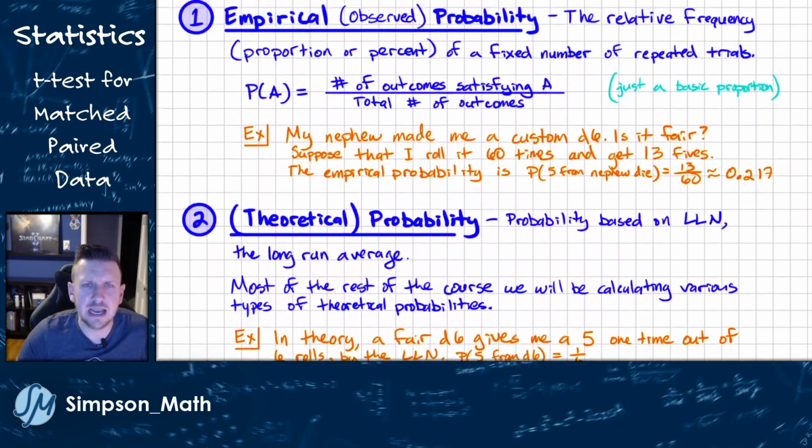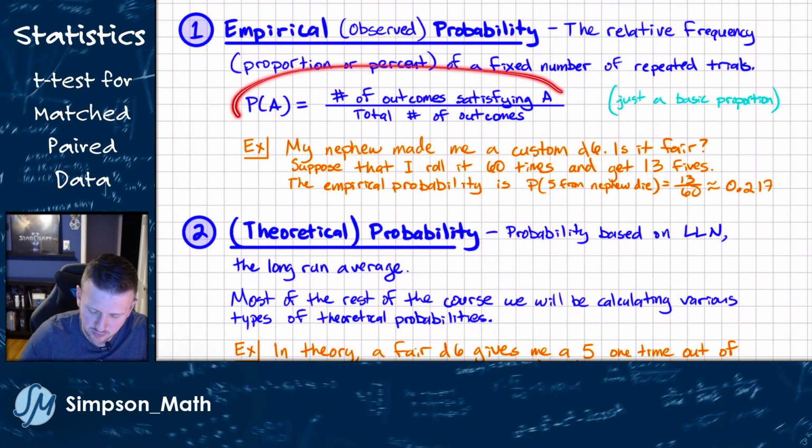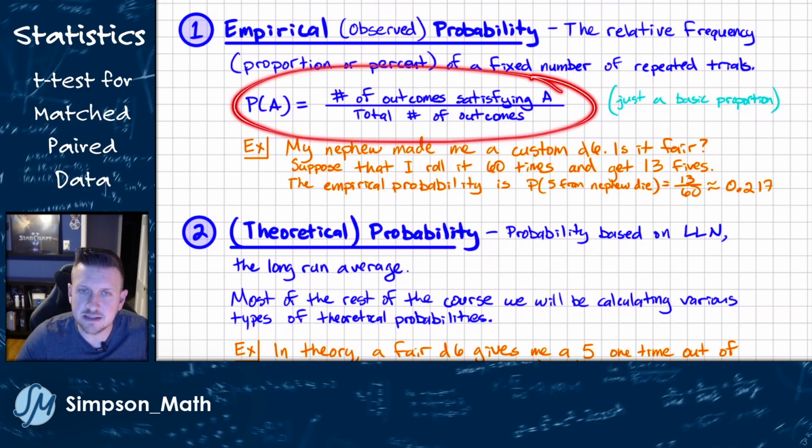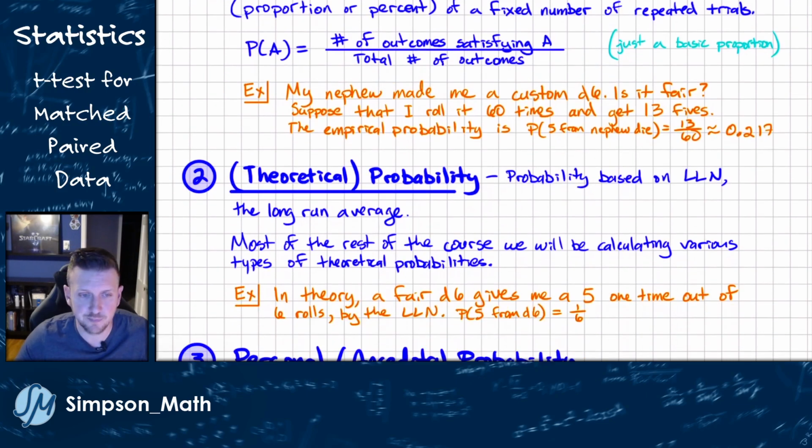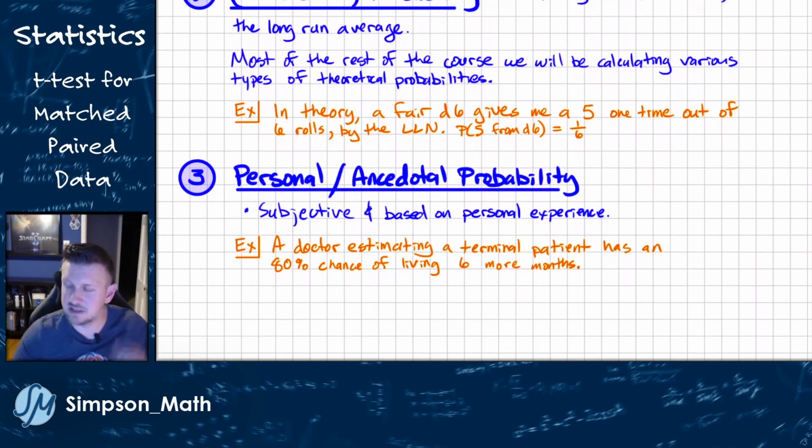Just to see this in words, when you have equally likely outcomes, you can just treat it as that proportion. I have one thing that will give me a success out of 6 total things. When they're equally likely, we just do it as a proportion like that. But that should be something you covered in middle school.